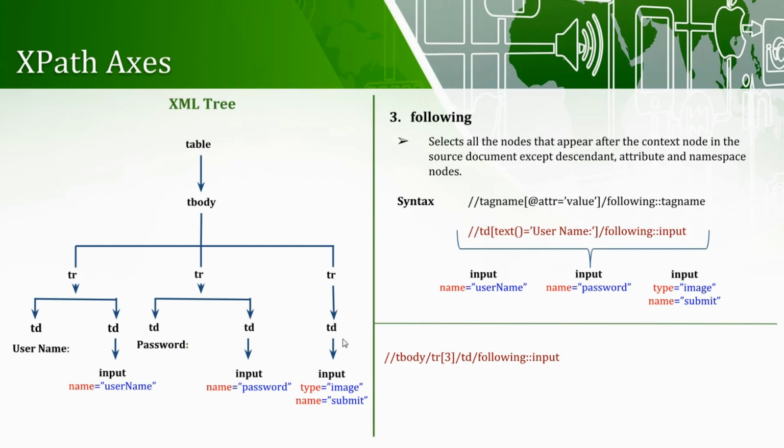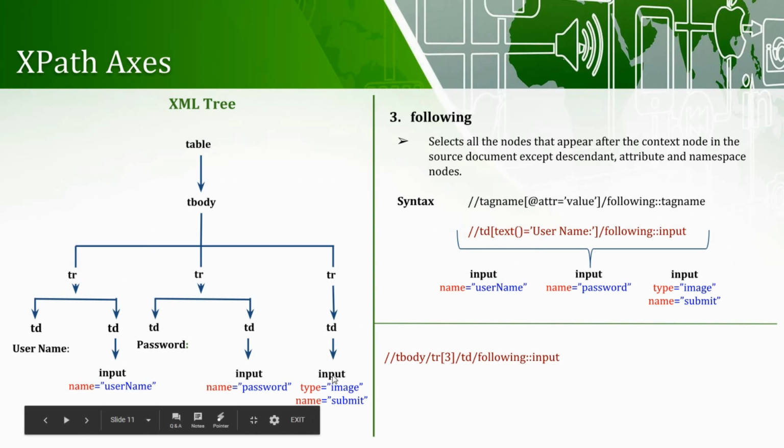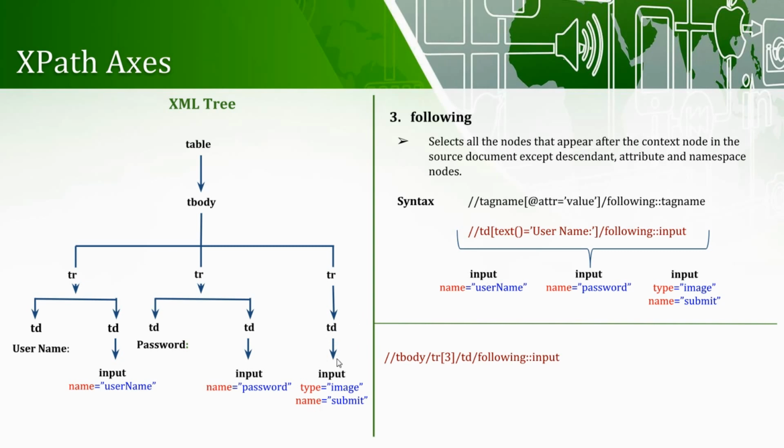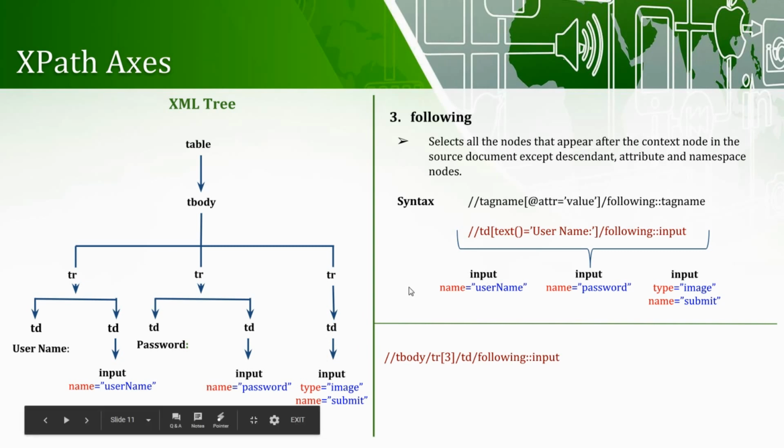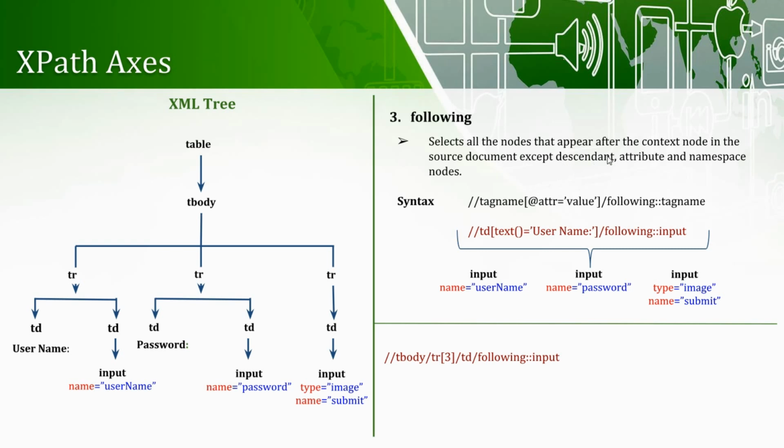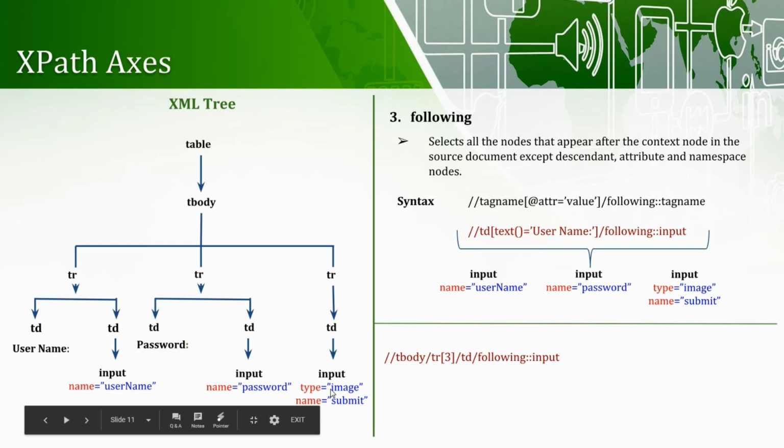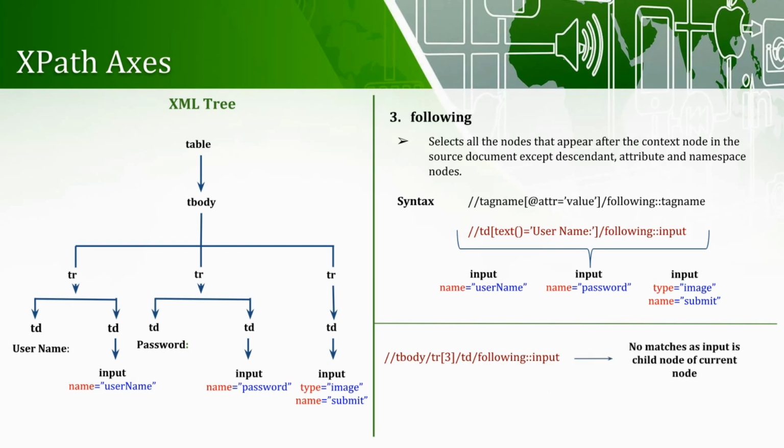The td node is our current node and there is no other node after td. This input node is a child. It is not a following node. As we said, we cannot select the descendant or child node, so input will not be the output in following. Then I am saying input. Since there is no following node, there is no question of selecting an input type node. So your output will be no matches, as input is a child node of the current node.